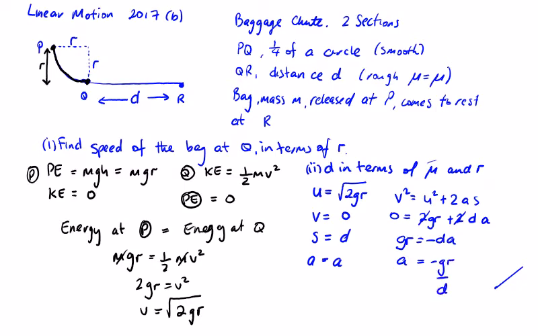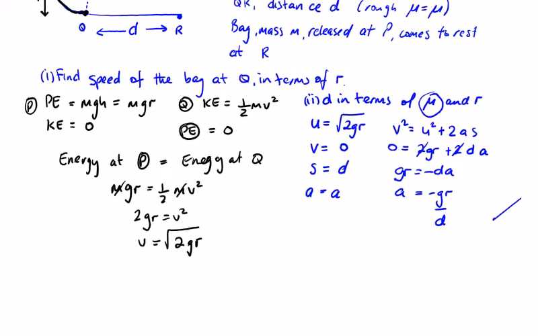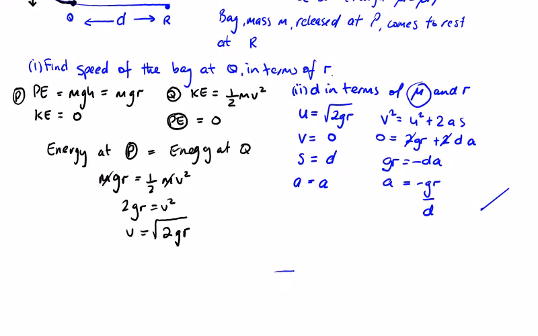Now we have mu involved in this question, so let's do a little diagram to see what's happening here. So we have our bag of mass m, mg going down, my reaction force going up, I have my F, my friction force coming this way, and I have my acceleration and it's slowing down, so minus gr over d is a.